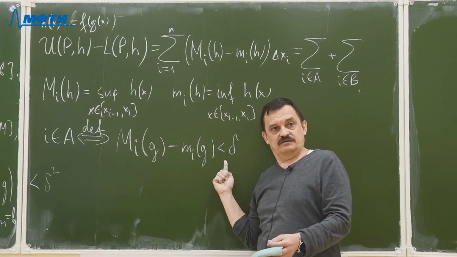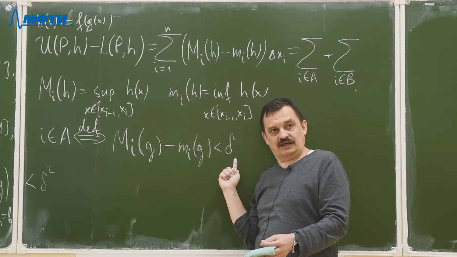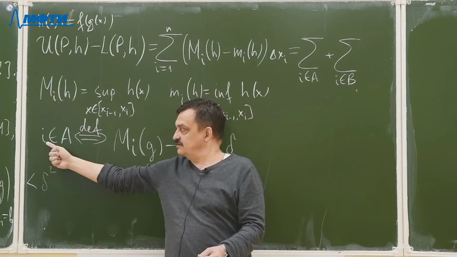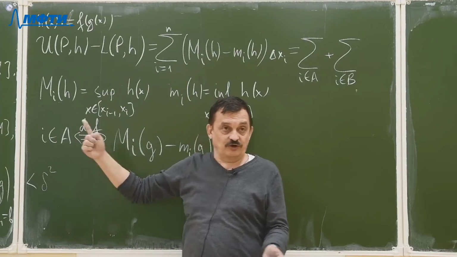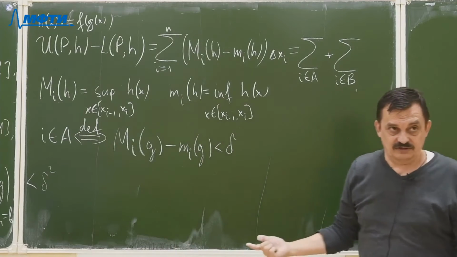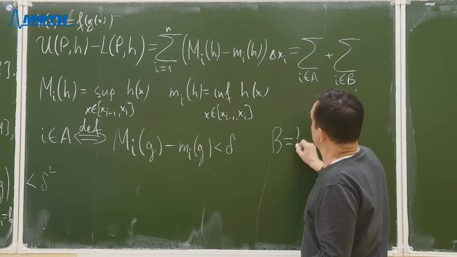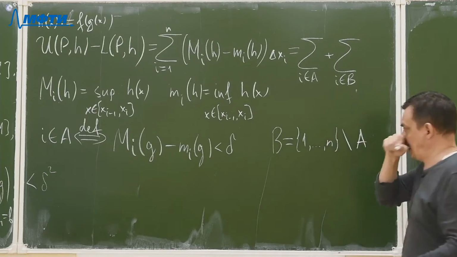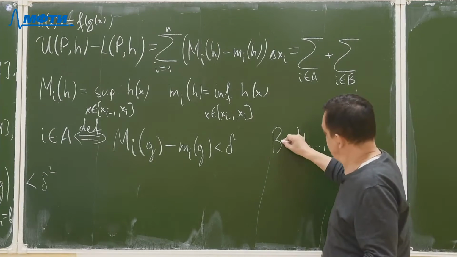If it is less than delta, then we consider this index i as an element of capital A. If not, then it will be in capital B. So B is the set {1, ..., n} without our A, by definition, the other indices.